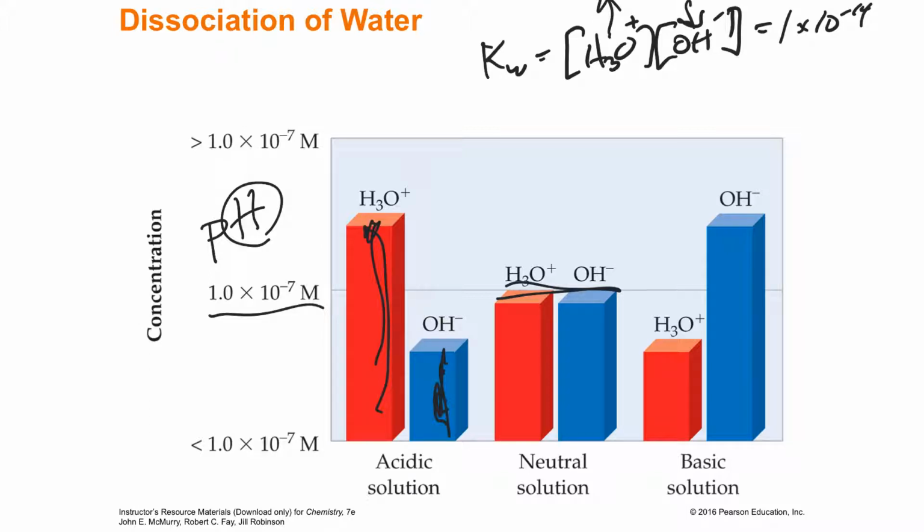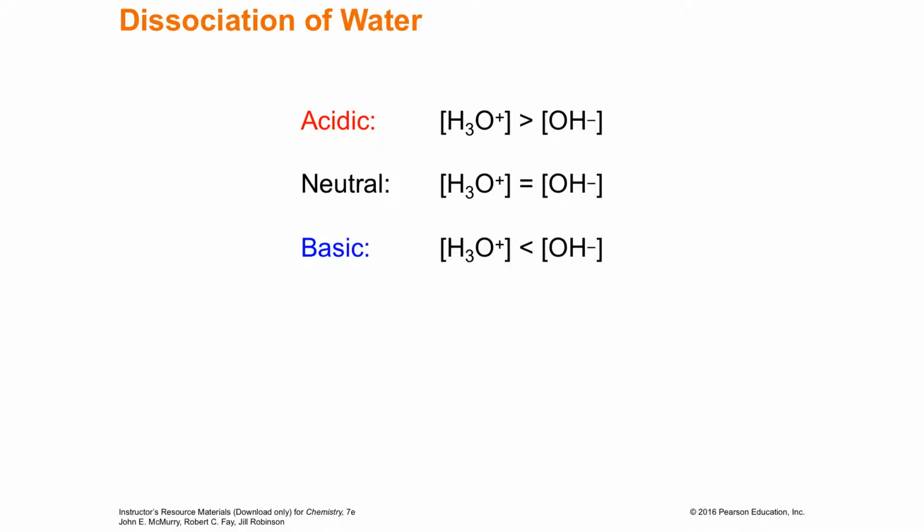If you have lots of hydroniums and very little hydroxide, you're going to have acids. If you have lots of hydroxides and very little hydronium, you're going to have bases. So, acidic is higher concentrations of hydronium than hydroxide. Neutral is equal amounts of hydronium and hydroxide. And basic is lower amounts of hydronium and higher amounts of hydroxide.